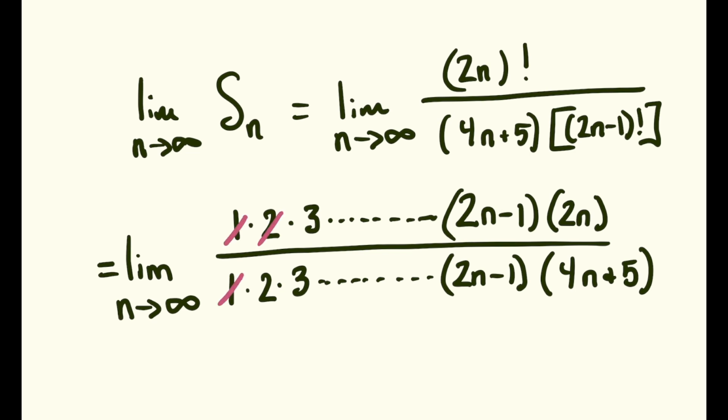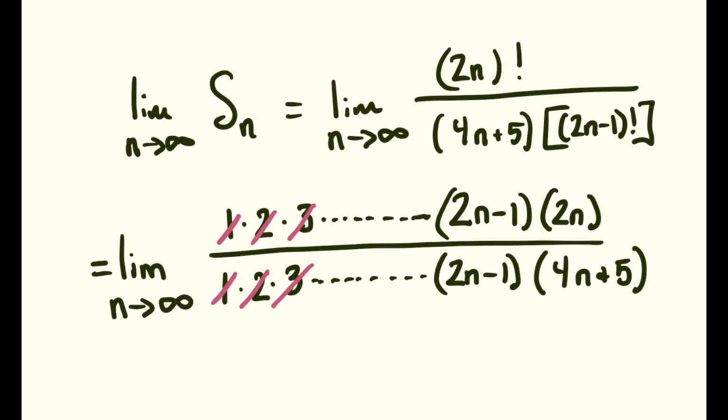Our 1s will cancel, our 2s will cancel, our 3s will cancel. In fact, all the way up to the 2n minus 1, all of those things are going to be canceled. And what we're going to be left with is 2n over 4n plus 5. And we can definitely take the limit of that as n goes to infinity. Let's write that out, and then we'll do a little bit of work on it.